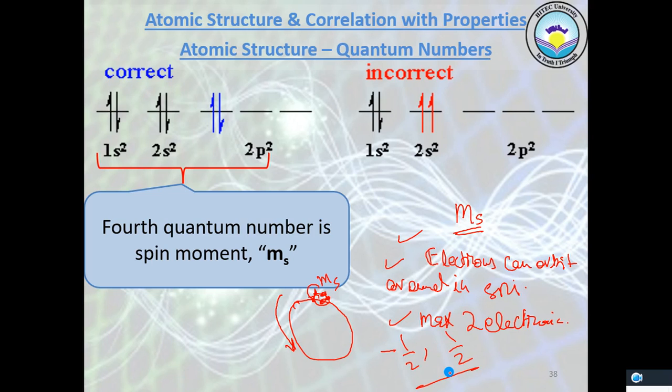Similarly, we have the magnetic quantum number, that is ml, and it specifies orientation in space. Another was l, the angular momentum quantum number, and it gives us information about subshells and also the shape of the orbitals.